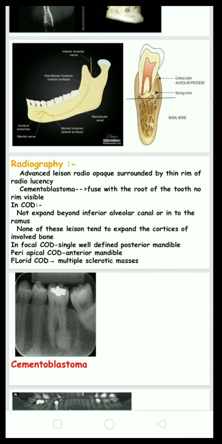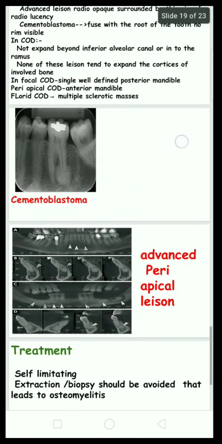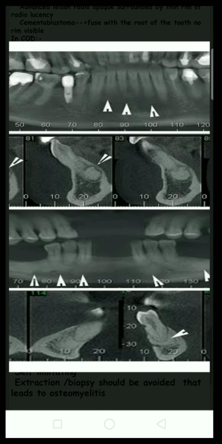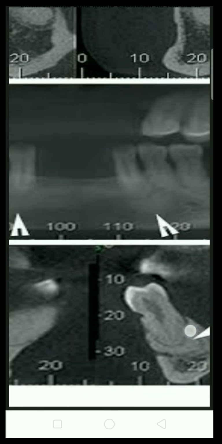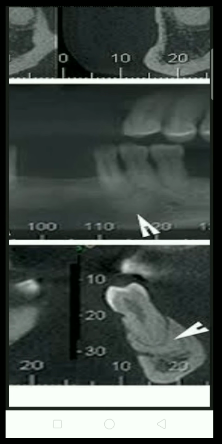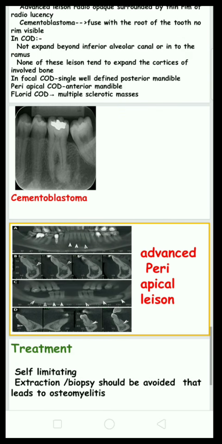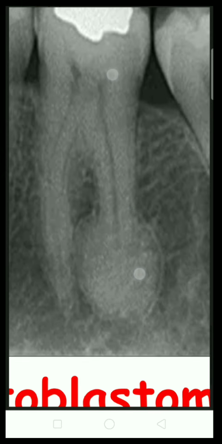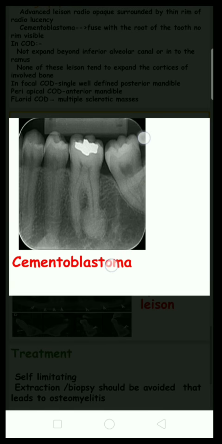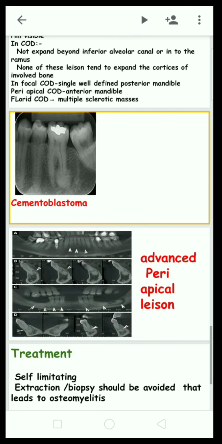In periapical lesions, a radiolucent rim will be seen. In cementoblastoma, there is a visible radiolucent rim, so it is not cemento-osseous dysplasia.